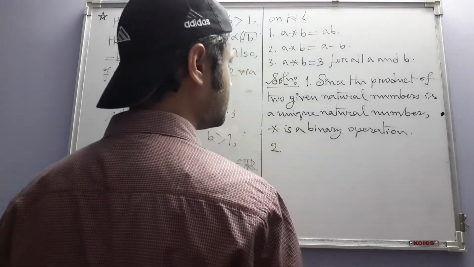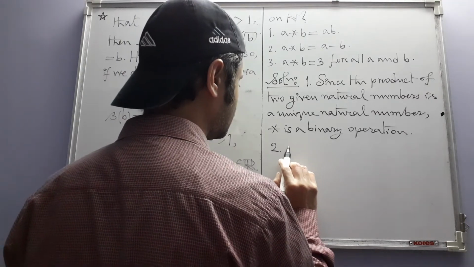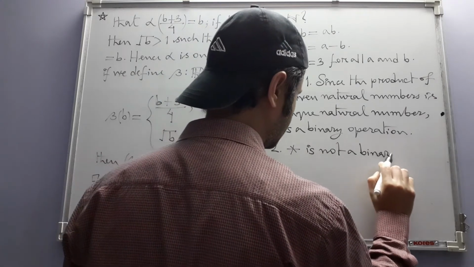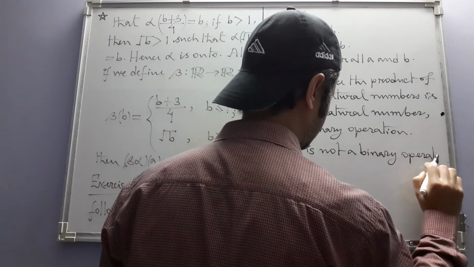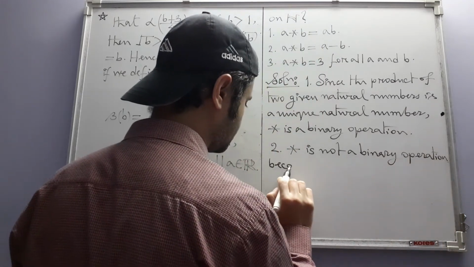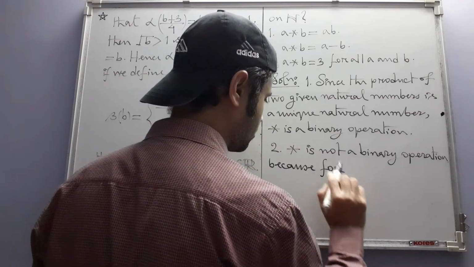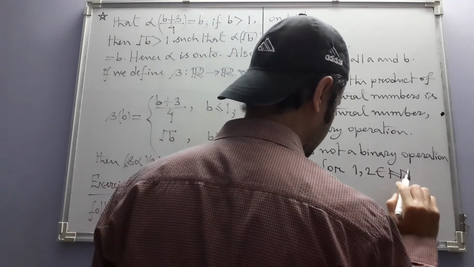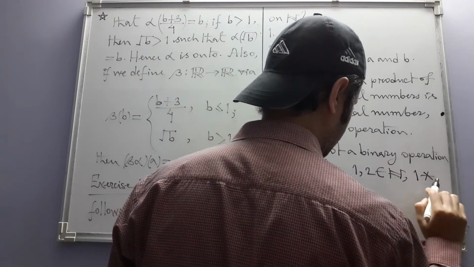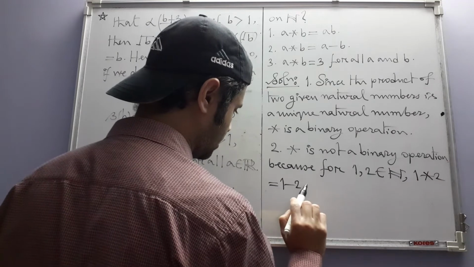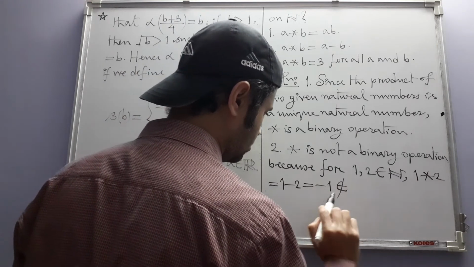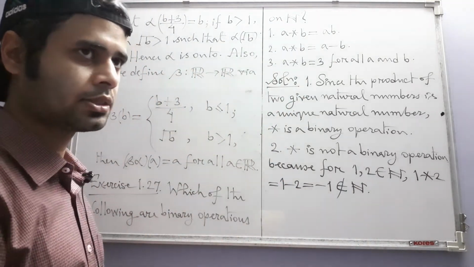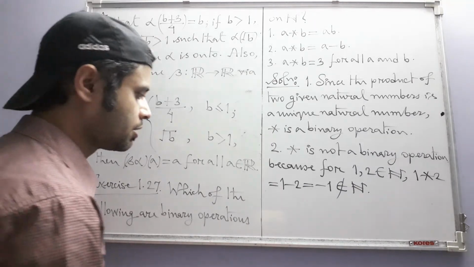Number two, this is not a binary operation. Star is not a binary operation because for 1 and 2 belonging to N, 1 star 2, which is 1 minus 2, is not in N. So this star does not represent a function from N cross N into N. So that's why it's not a binary operation.